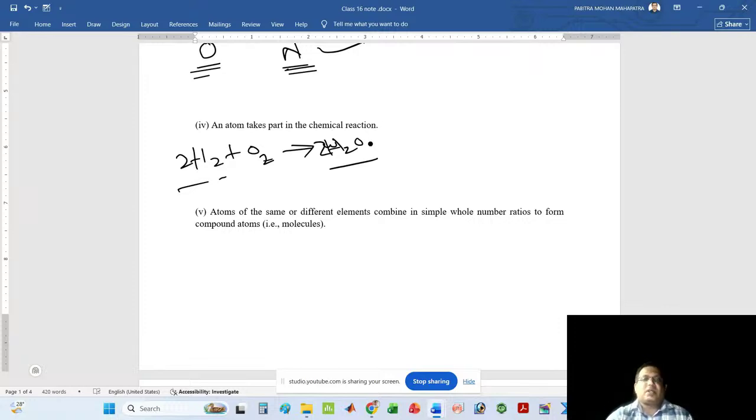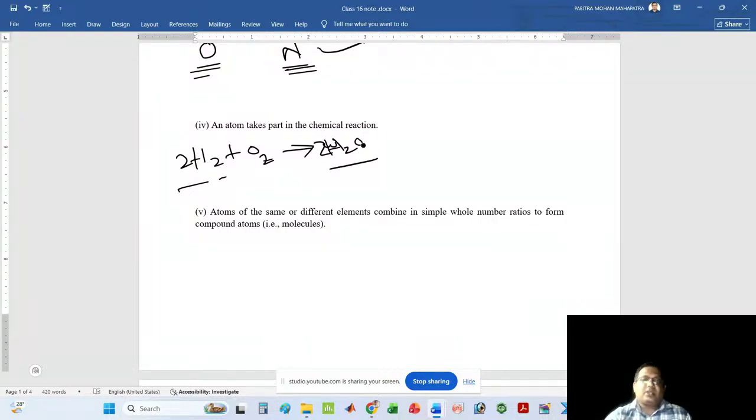The equation must be written in the stable form. Some atoms are also stable, so they are also written in the chemical equation as a unique part, but most equations are written in the molecular form.